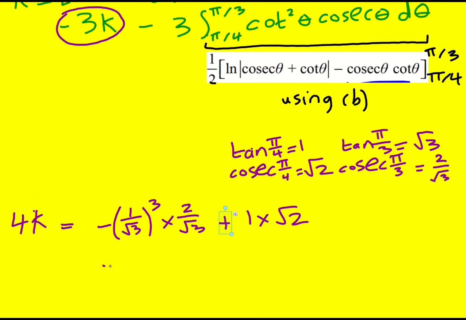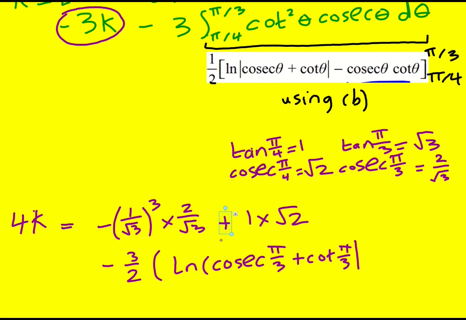And it's going to be minus 3 over 2 times by ln modulus of cosec pi over 3 plus cot pi over 3. Sorry, that should have a modulus around it.